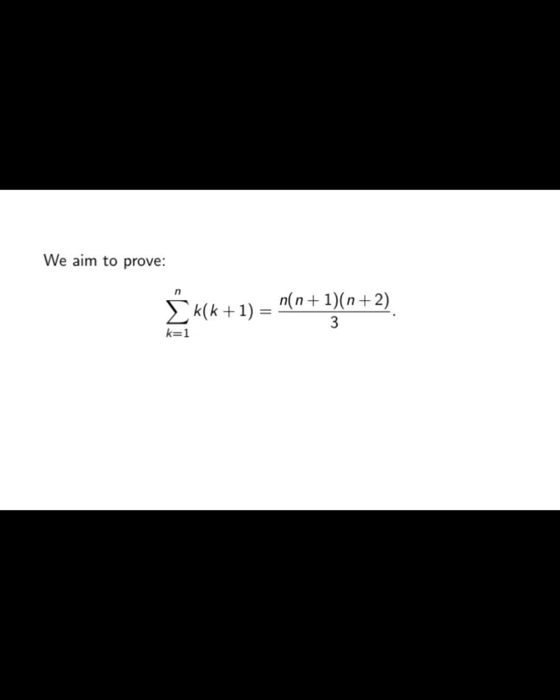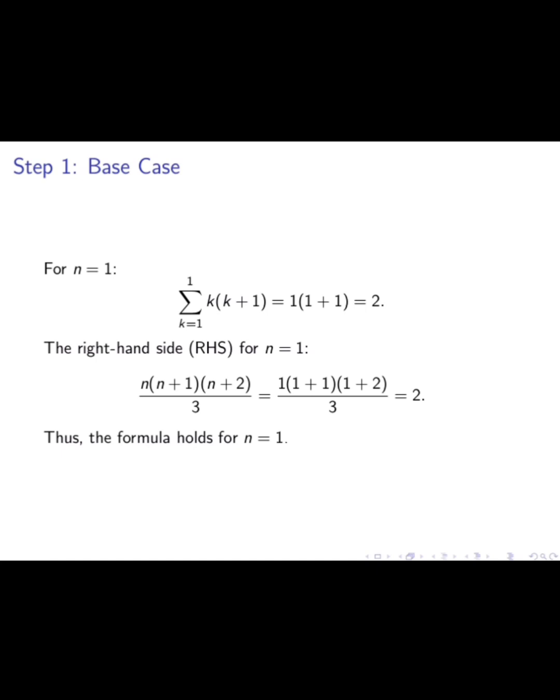So we have step 1. Step 1 is the base case, and the base case implies that you are to check if the left hand side is equal to the right hand side. So we are checking for n equals 1. Now when n is equal to 1, we insert 1 anywhere we see k.